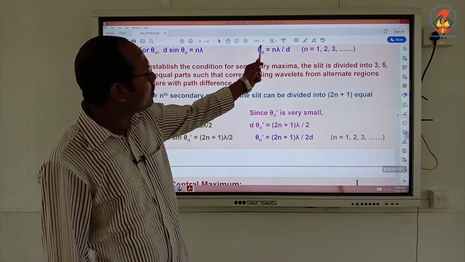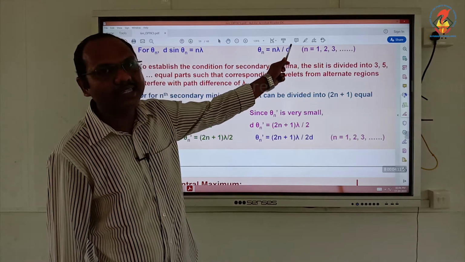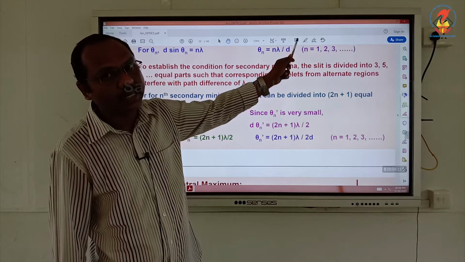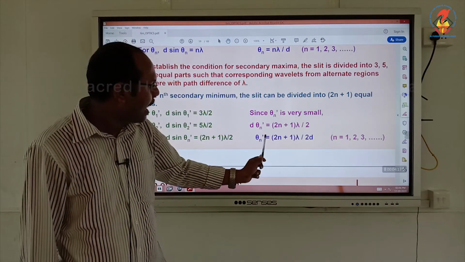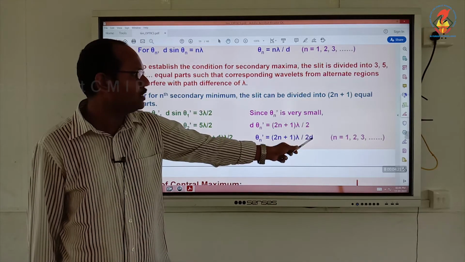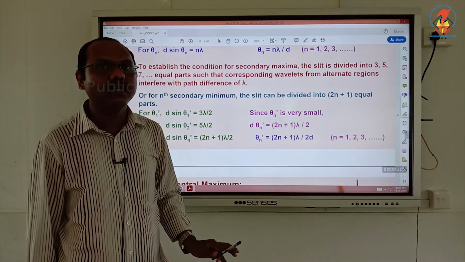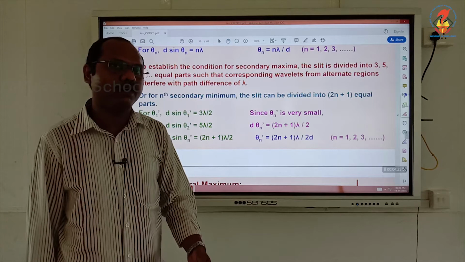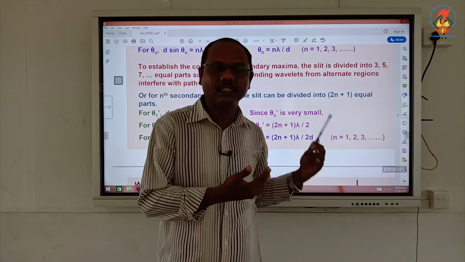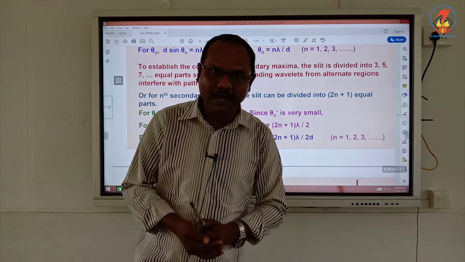So theta n is equal to n lambda by d is the condition for dark fringe, that means secondary minima, and theta n is equal to (2n plus 1) lambda by 2d is the condition for secondary maxima, which is bright fringe. Okay, so these are the conditions for the minima and maxima.